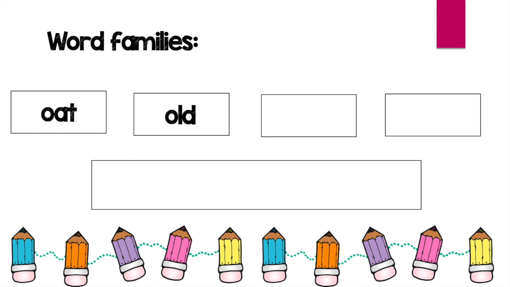So we have the oat family, the old family, and now we have the OST family, O-S-T. And our last word family is OW, O-W. Now, we need some consonants to help us with making words with word families. So go ahead and get started on your consonants.